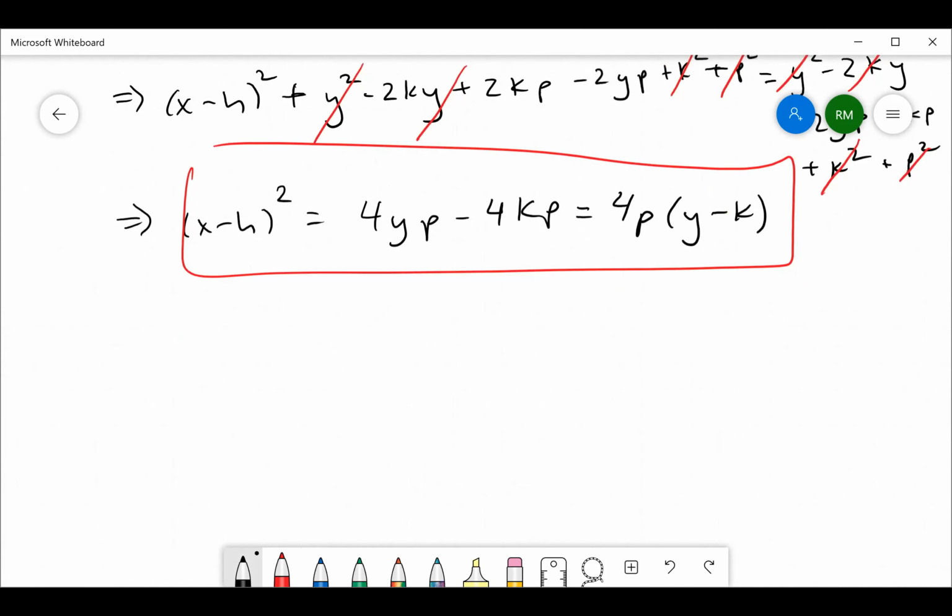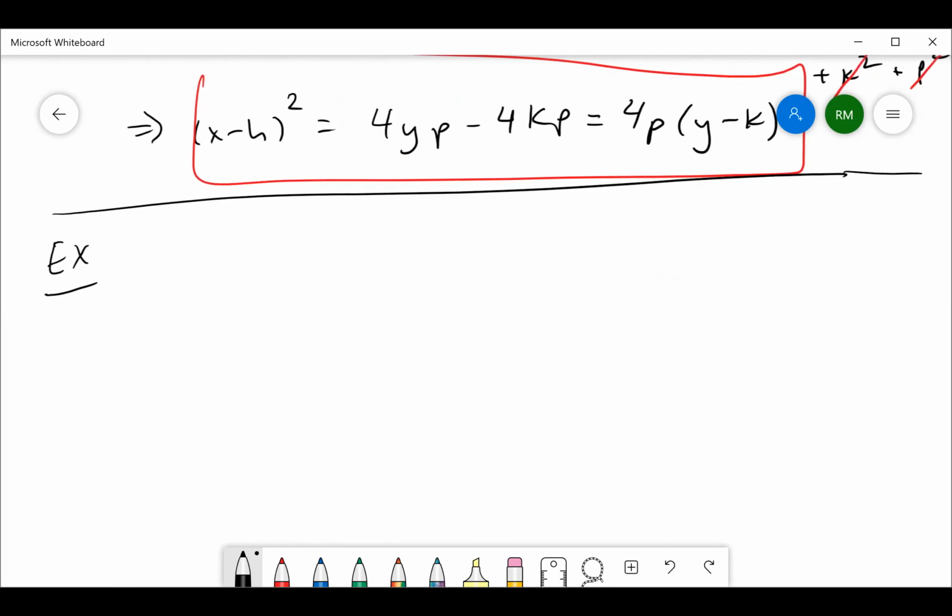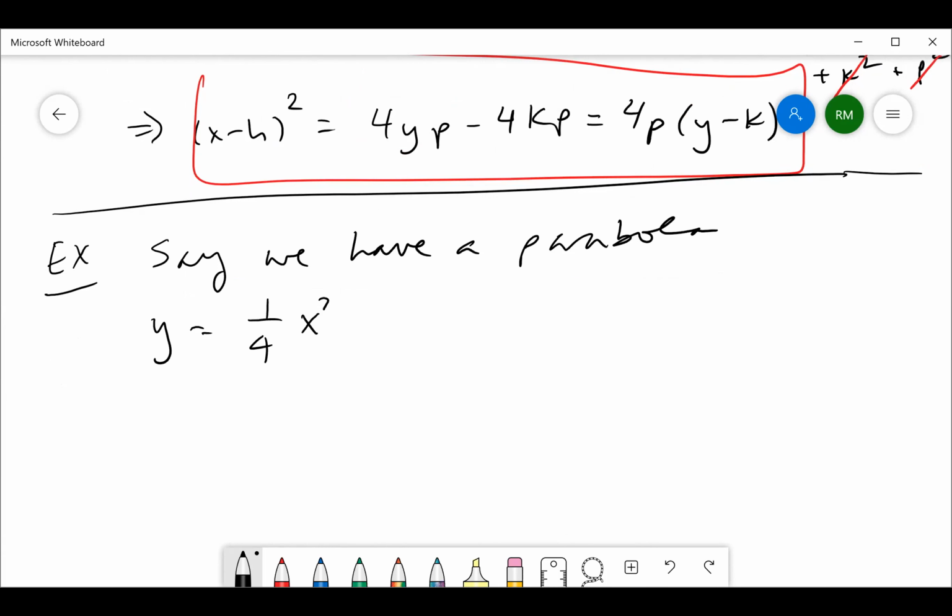Okay, so let's look at a problem that might involve some calculus, because that's the name of this class. So let's say we have a parabola defined by an equation, y = 1/4 x^2 - x. How can I find the vertex?